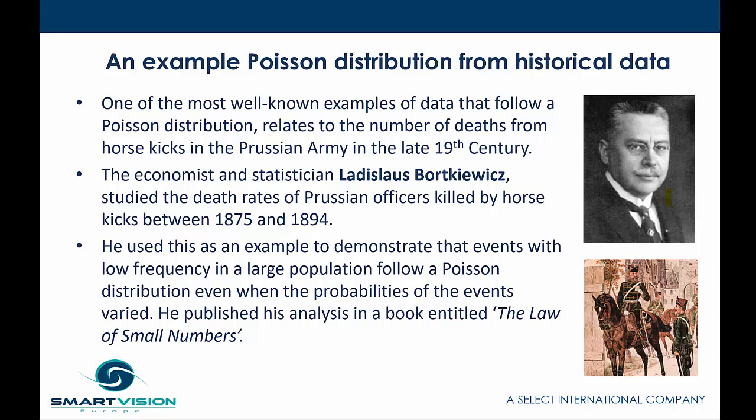He used this as an example to demonstrate that events with a low frequency of occurrence in a large population can follow a Poisson distribution even when the probabilities of the events vary from one group to the next. In fact, he published his analysis in a seminal book entitled The Law of Small Numbers.